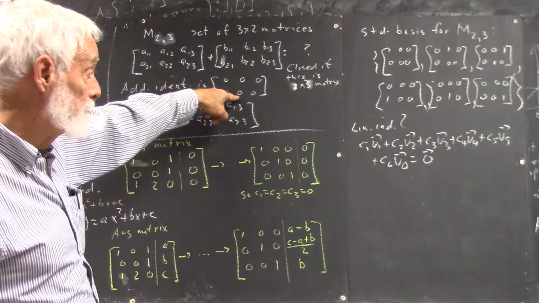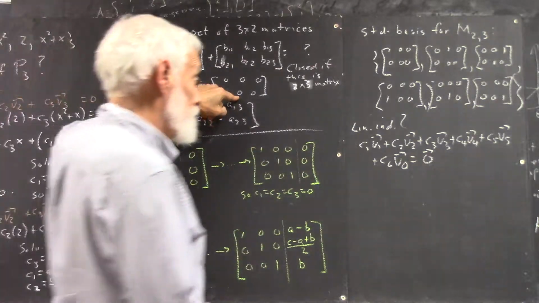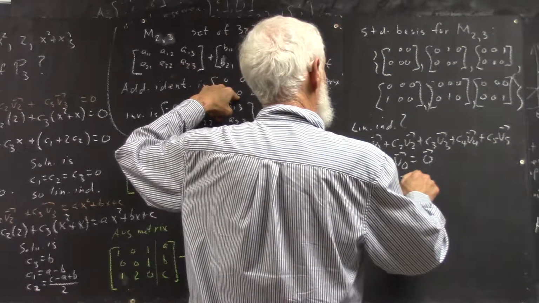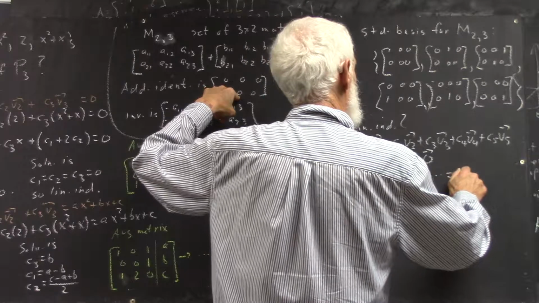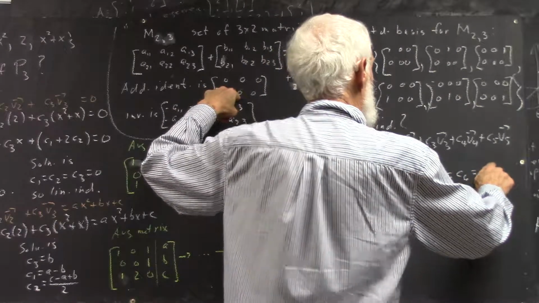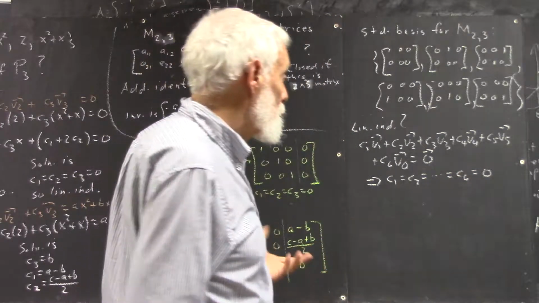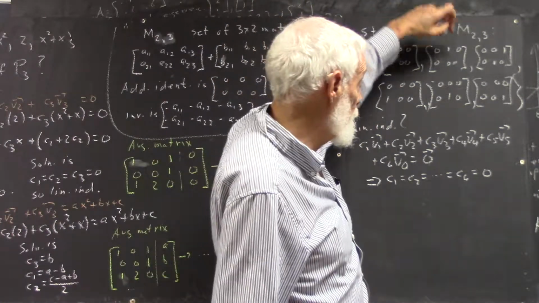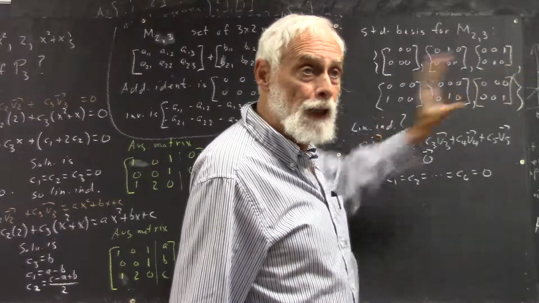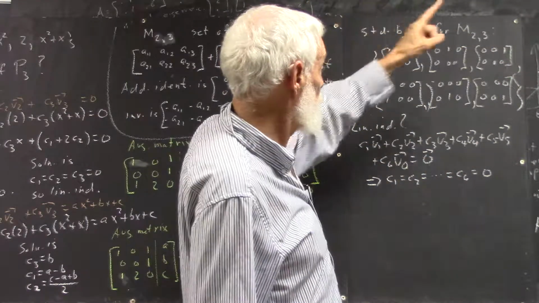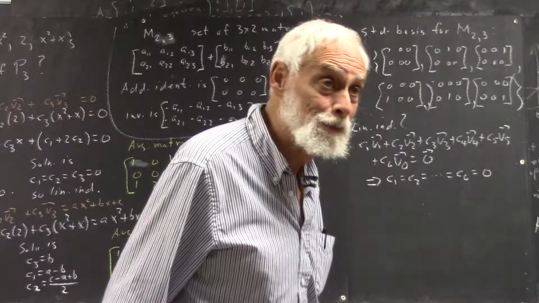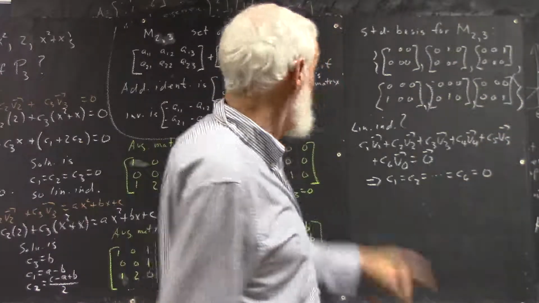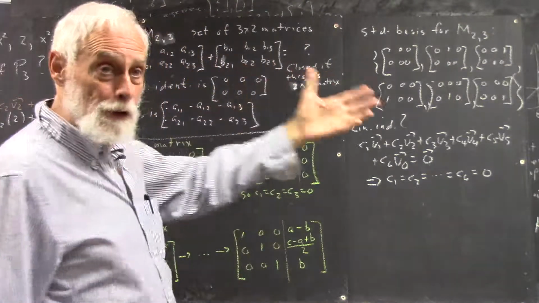Does this imply that C1 equals C2 equals and so forth, that they're all 0? Well, if you just look at it, C1 times this is going to have a C1 here, then you're going to have a C2 here, C3 here. Add them all together, you got C1, C2, C3, C4, C5, C6. And if that's equal to the 0 vector, then every one of them has to be 0.